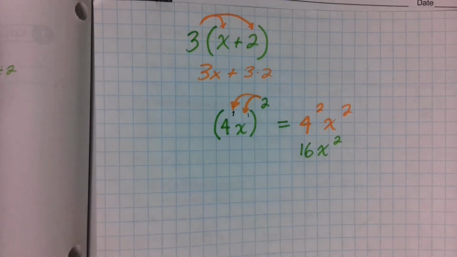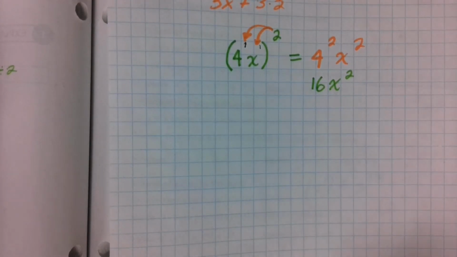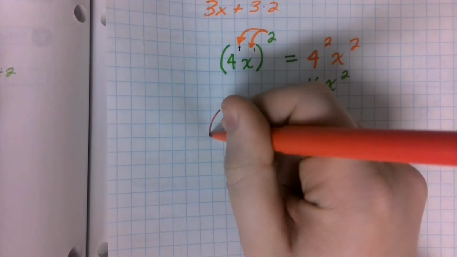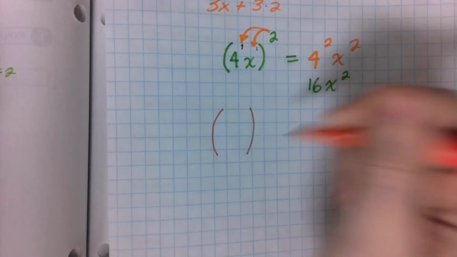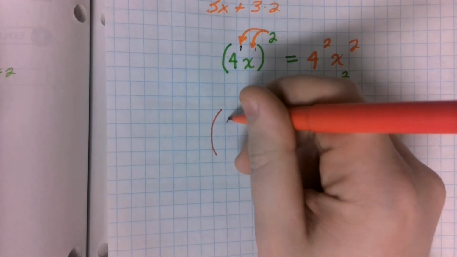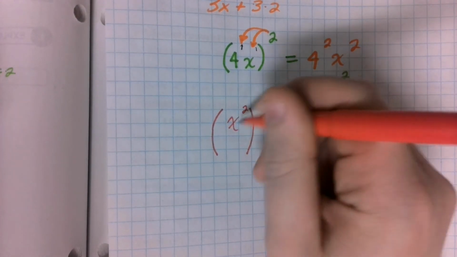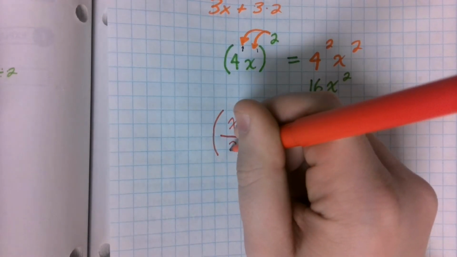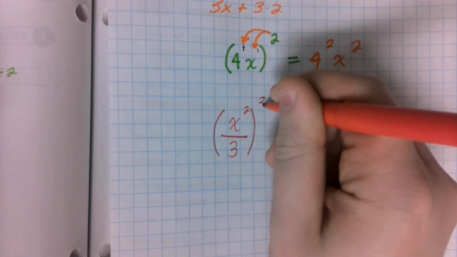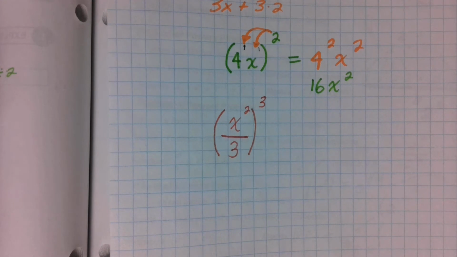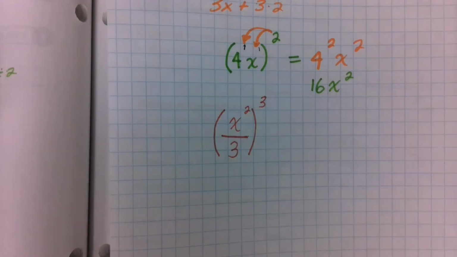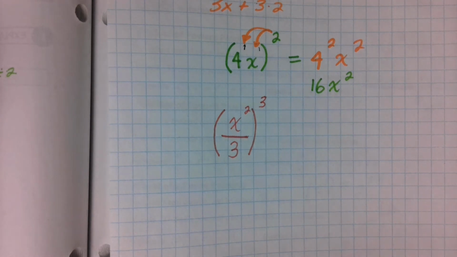Let me give you a couple of tougher ones here. What if I had something like this instead? x squared divided by 3, all that raised to the third power. Uh-oh. We've got some weirdness going on here. But the rules, I should say, are the same.